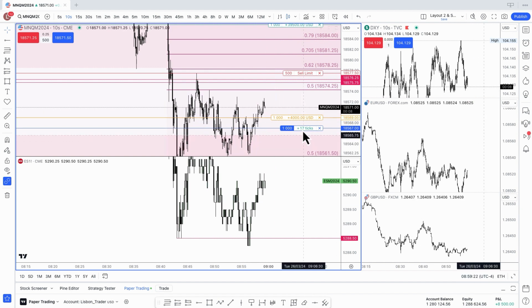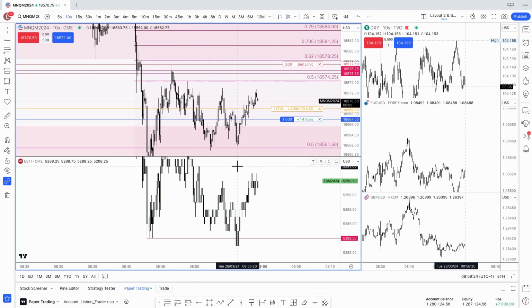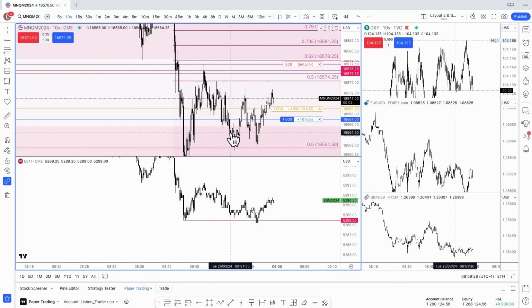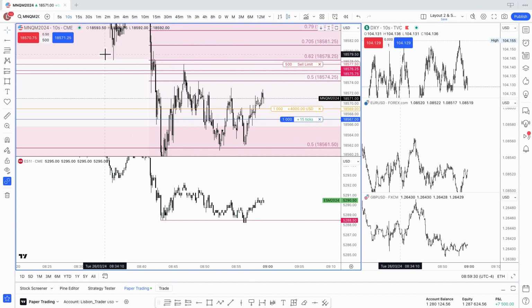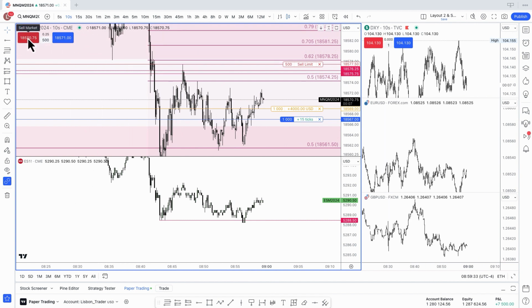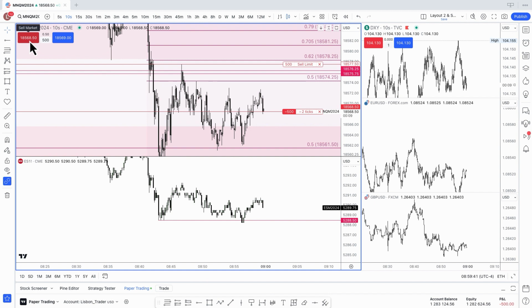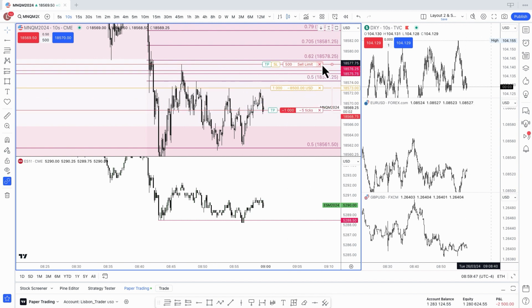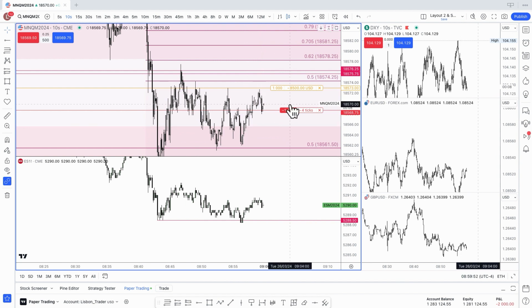20 seconds. It looks like they want to resume it lower, so taking this off. Okay, it's taking it off, but yeah, this looks juicy, you know, it's 10 seconds to go.